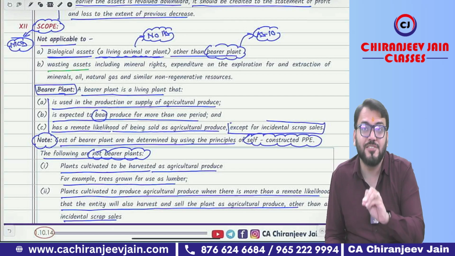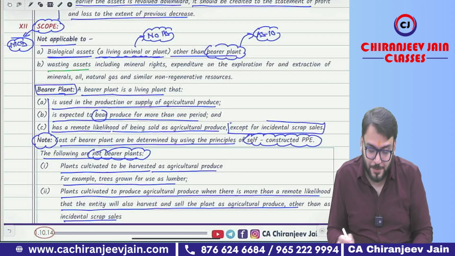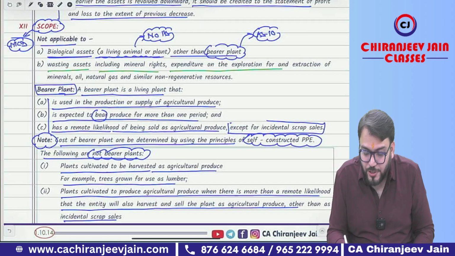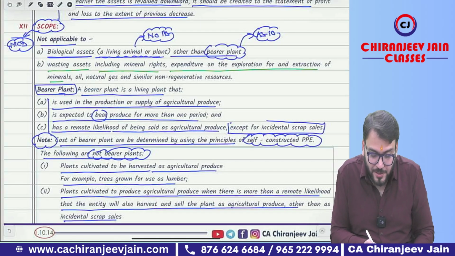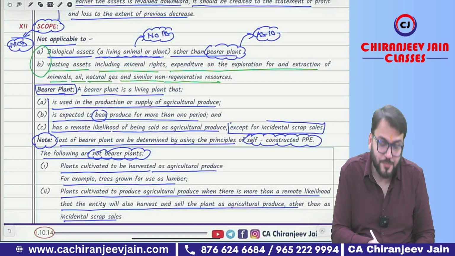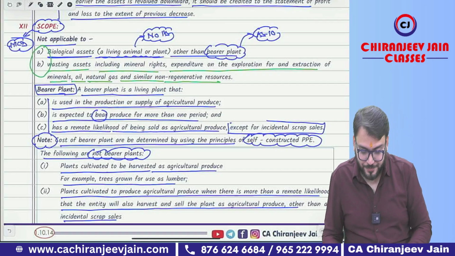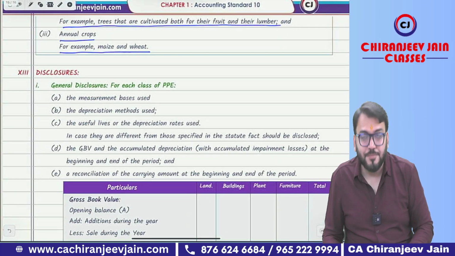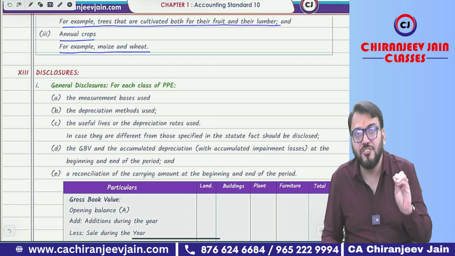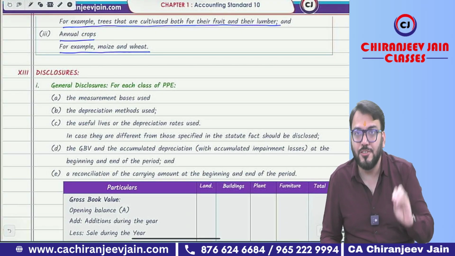So for wasting assets also AS10 is not applicable, including mineral rights, expenditure on the exploration for and extraction of mineral, oil, natural gas, and similar non-regenerative resources. So for these two, AS10 is not applicable. Apart from that, AS10 is applicable to all items of PPE which satisfy the definition condition and recognition condition.